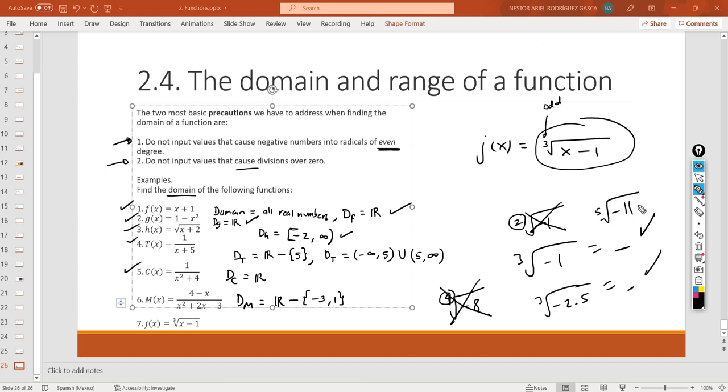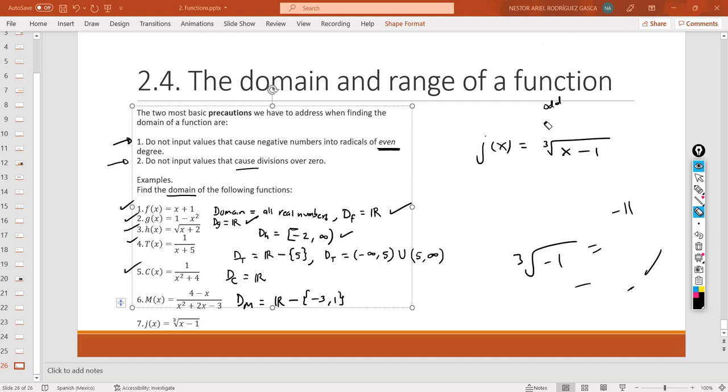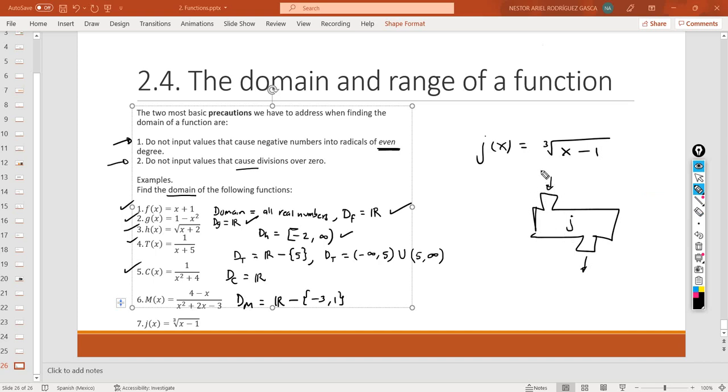So be aware of that fact, and you must realize that there is absolutely no problem with this function. We can give any value of x, and the function j will be able to give me an output, no problem, because the index is odd.